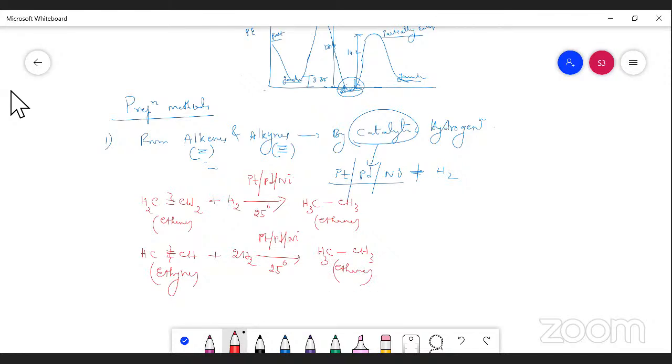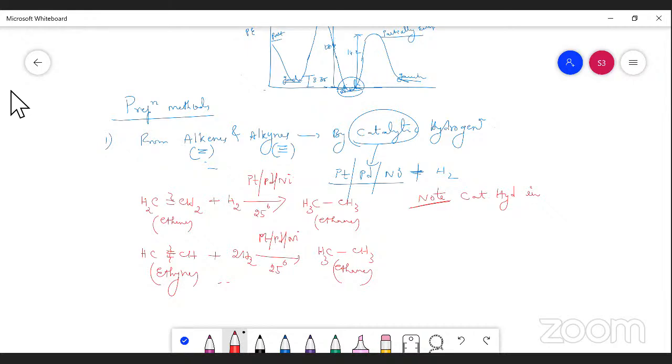Here, you have to remember 2 points. What are those? If you do the catalytic hydrogenation of alkenes and alkynes in the presence of nickel, we call it the Sabatier-Senderens reaction.